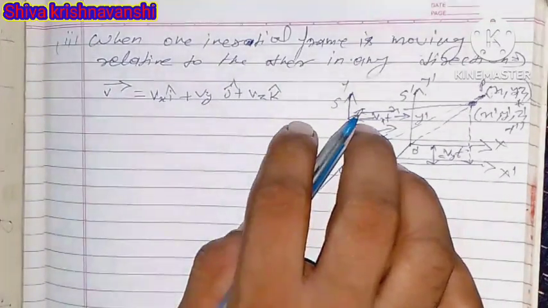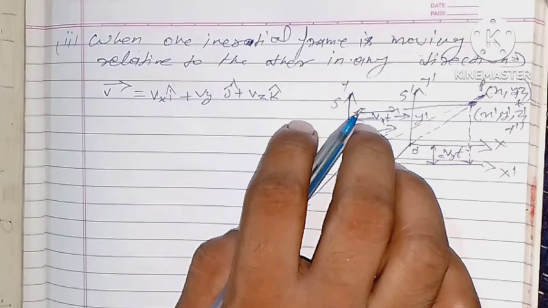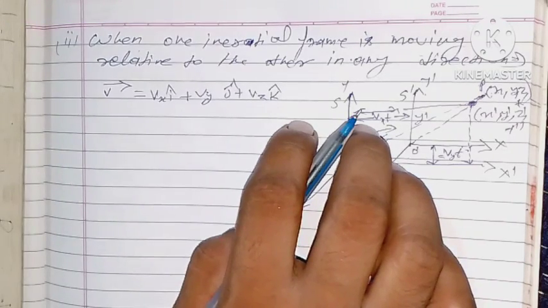The origin and the axes of the two frames are so chosen that they coincide at t equal to t dash equal to 0.